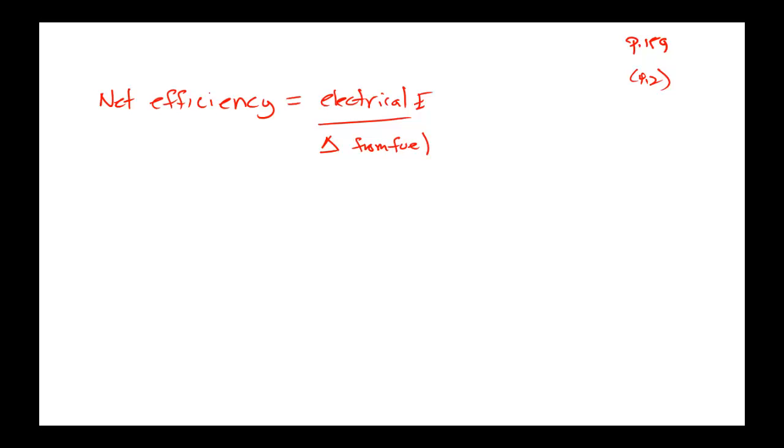If we're in Kentucky, we generally generate our electricity through coal, and so that would be our fuel. How much heat do we get from the coal? That's going to be converted into electrical energy, and the electrical energy produced divided by the amount of heat from the fuel times 100% gives us the percent efficiency.